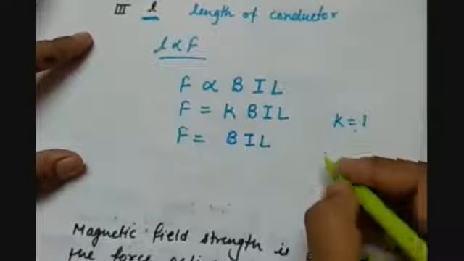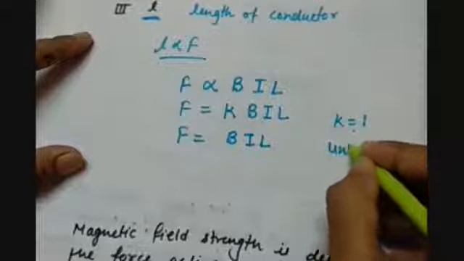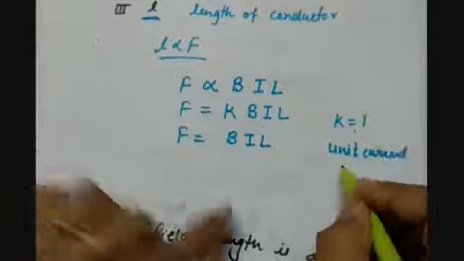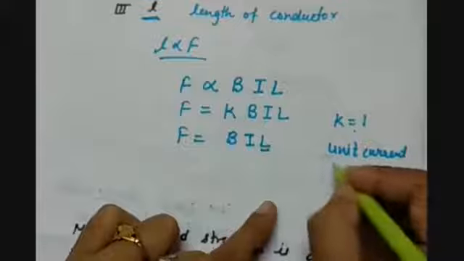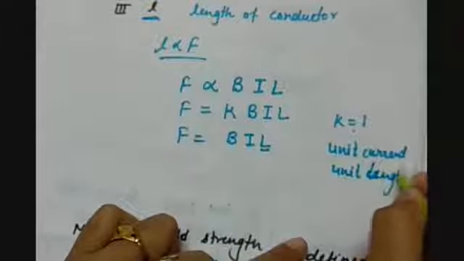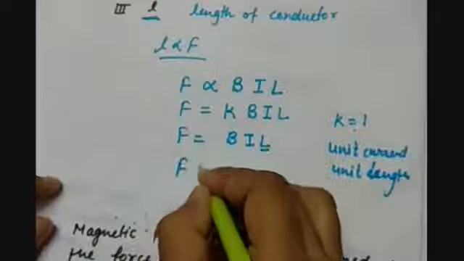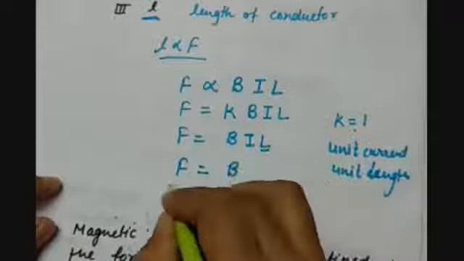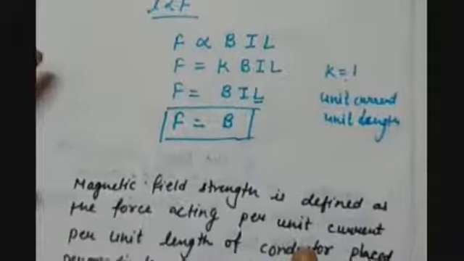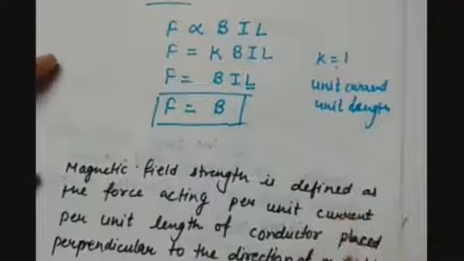And when unit current is flowing through the unit length of the conductor, then the force becomes equal to the magnetic field strength produced around the conductor.